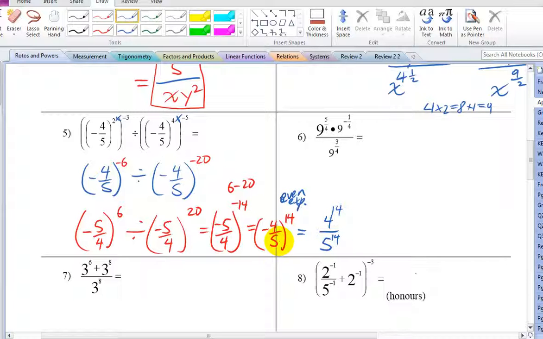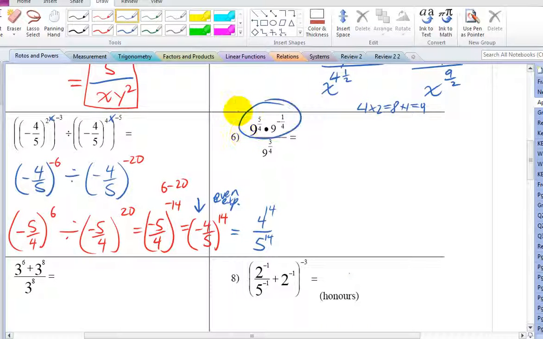Okay. Now the back of the book might not like this so much. They might just change this to positive 4 over 5 in brackets with a 14. I don't like that, okay? I'd like you to get rid of brackets completely. However, just keep in mind, they will correct the negative sign, or they should at least. Okay? All right. Questions? Next one.